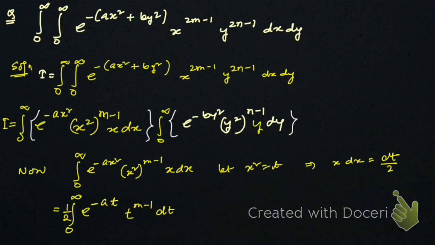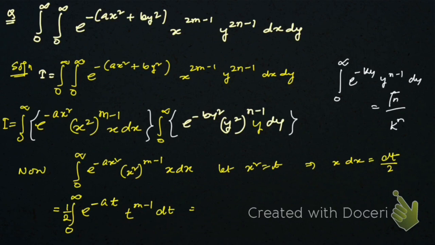So we're gonna get this. So according to this identity, as we have already discussed, integration 0 to infinity e to the power minus ky into y to the power n minus 1 dy is equal to gamma n by k to the power n.